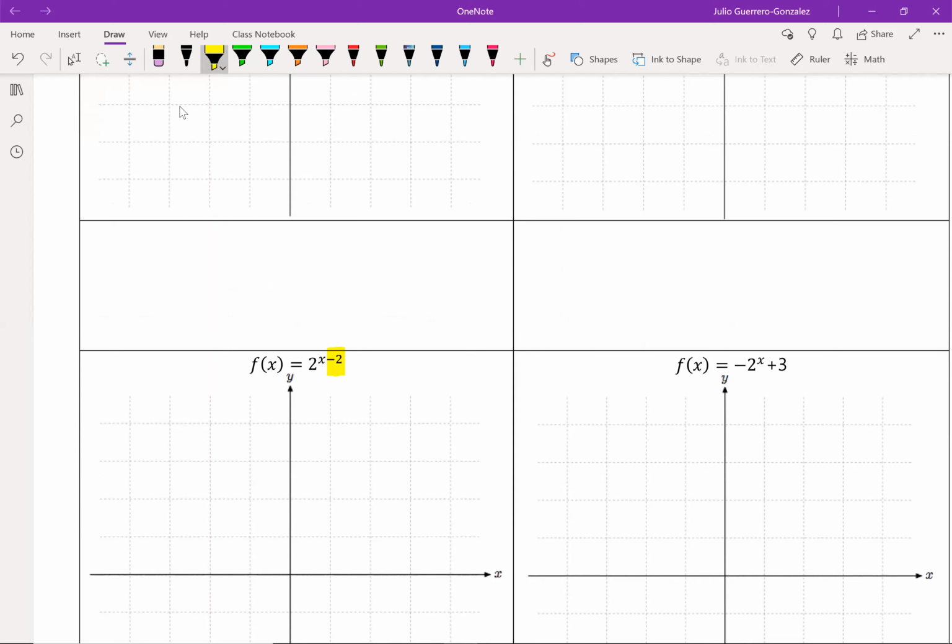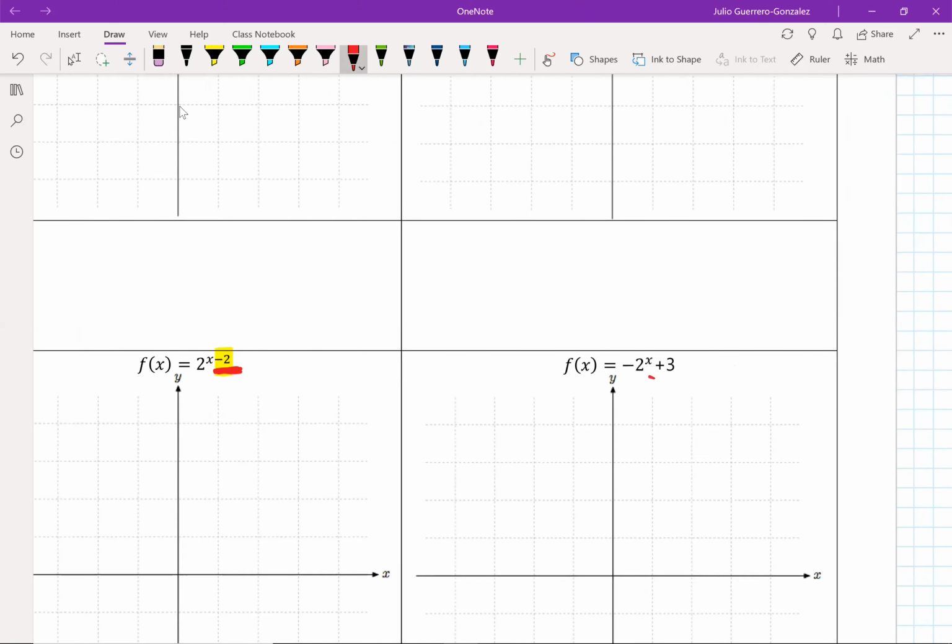This -2 that's right here is going to be one of those left-right shifts, as opposed to right next to it there's a +3. That's a shift up or down. I think that's what you were getting at.